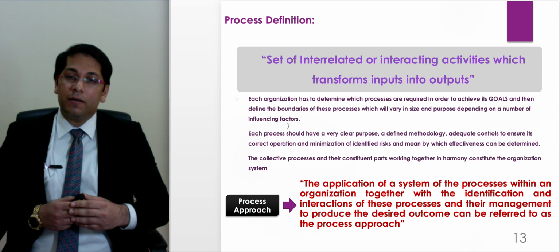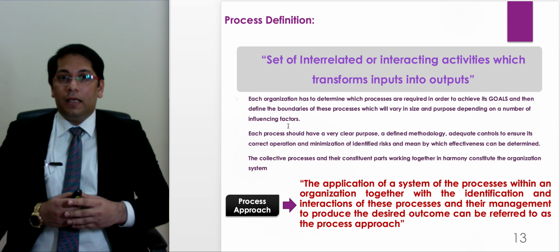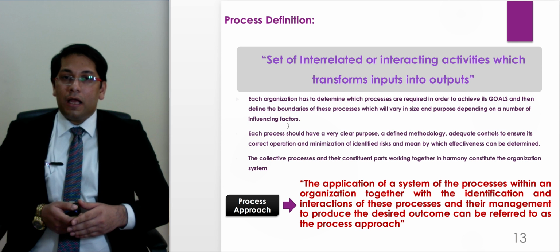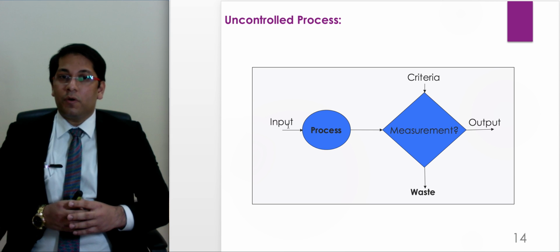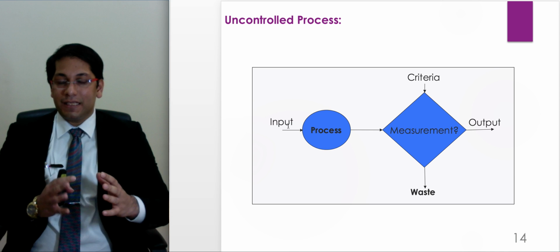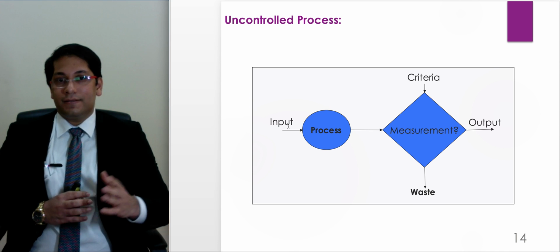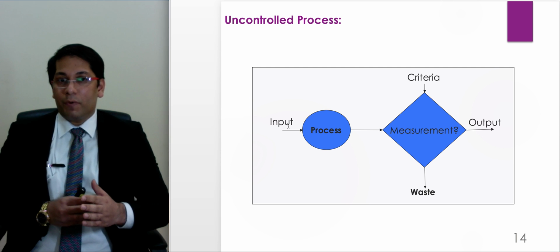Let's go deeper into the other aspects of process for you to know better. There is something called an uncontrolled process. What is meant by an uncontrolled process? If you see this particular image, there is an output and a criteria provided by the customer. You have an input and you have a process.